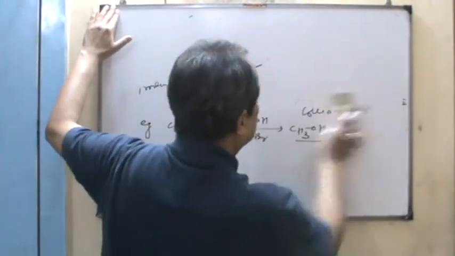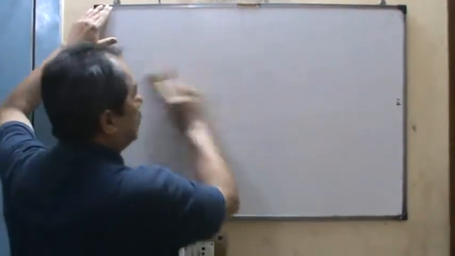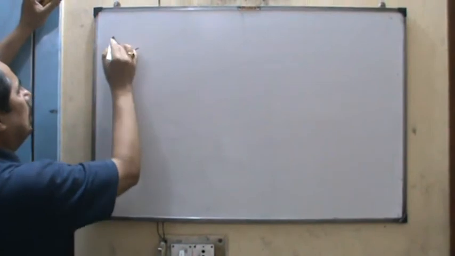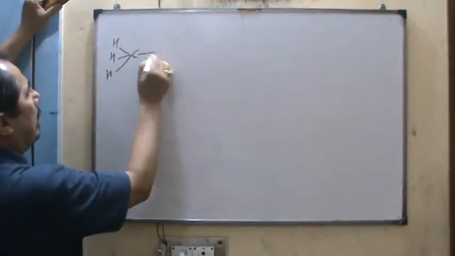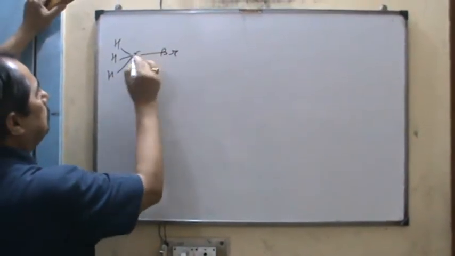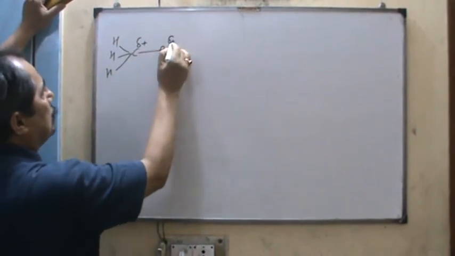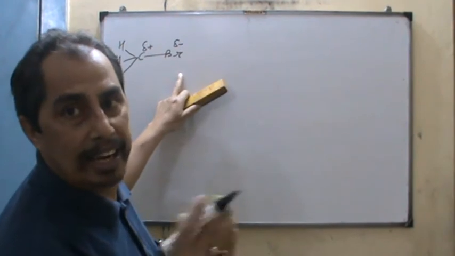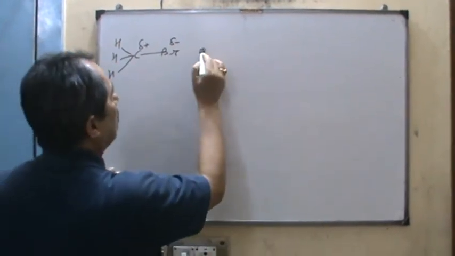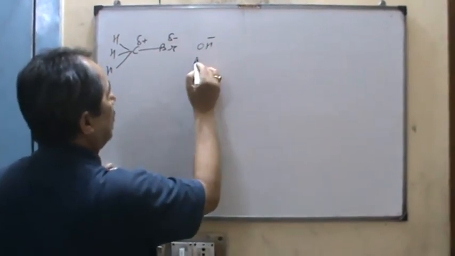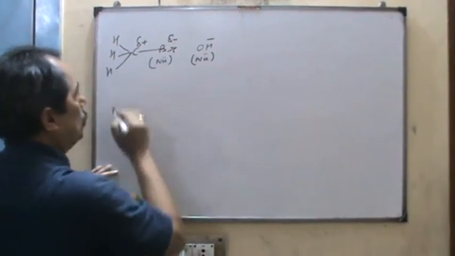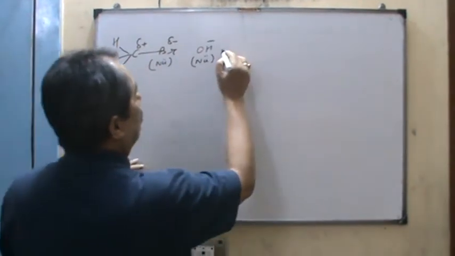My dear students, let us write here the methyl CH3 and Br. It is delta positive and delta negative because bromine is more electronegative than carbon. You have done this in 11th class. Now here OH is the nucleophile, and bromide is also a nucleophile.